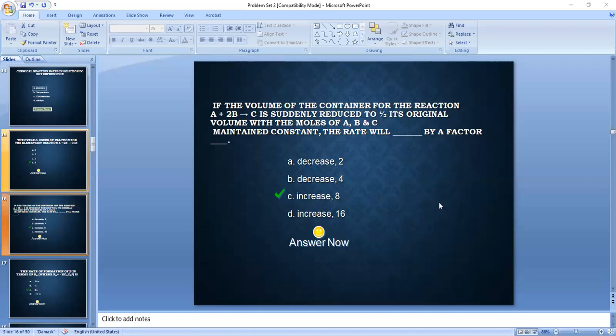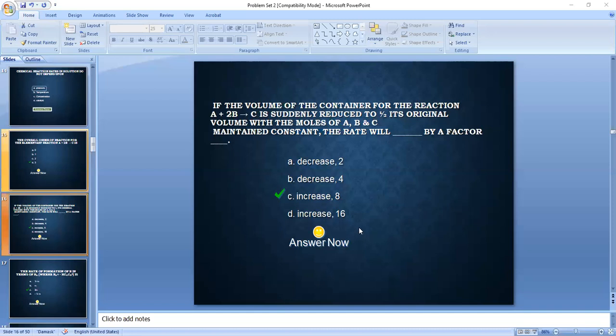Di ba, miss, ang rate of reaction is k times the concentration of A times the concentration of B squared. So if ang volume niya half, meaning ang concentration niya is times 2. So concentration for A will become twice of the original.